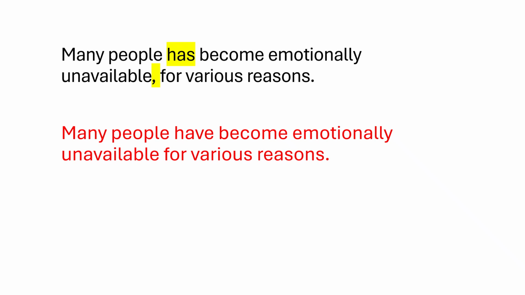Whenever a comma is placed where it is not needed, this is an error called comma's place. Therefore, the correct sentence should read, "Many people have become emotionally unavailable for various reasons."